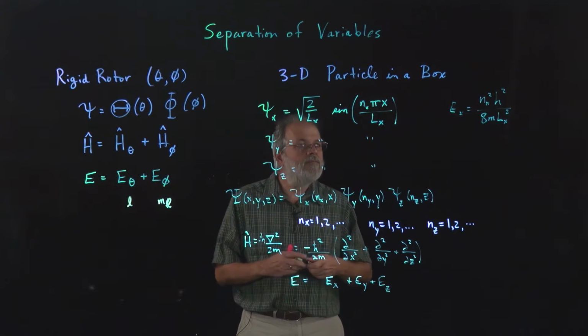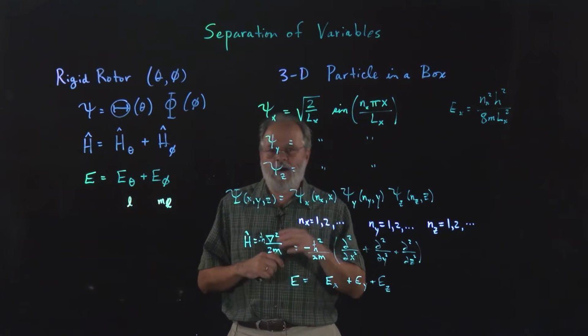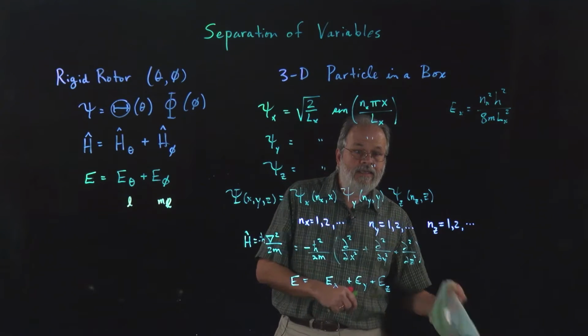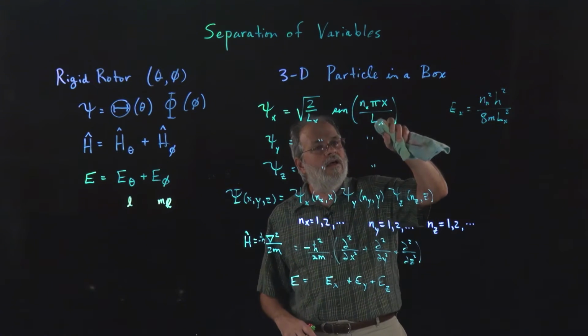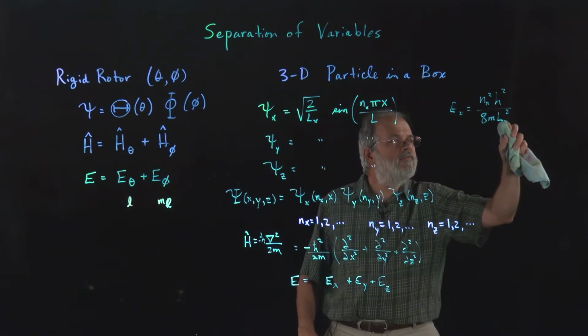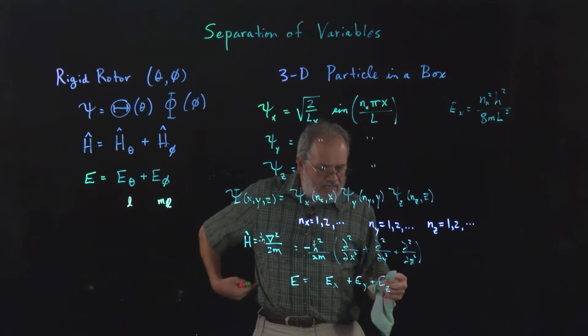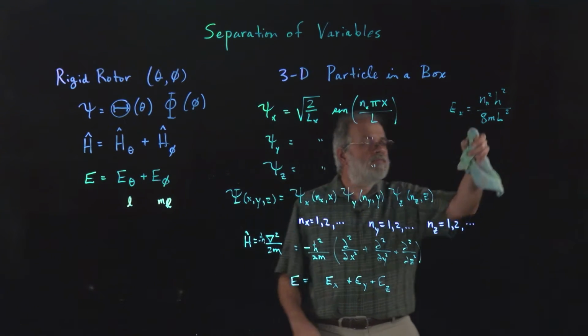Okay, so now frequently people consider a cube where all the lengths are the same. So let's think about what happens in that case. These are the equations for that. If there's just a single length for all three, then everything else is still the same.